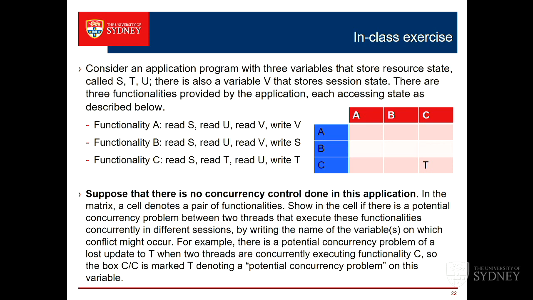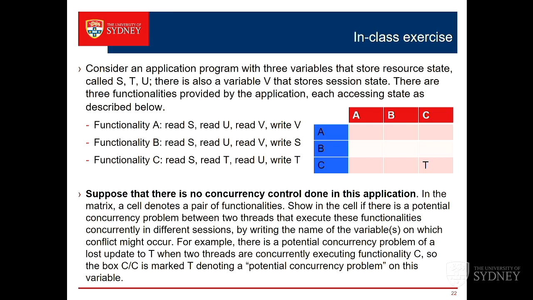So A always means functionality A, piece of code A. If I run two copies of A together, can they interfere with each other? Who says yes? Who says no? Okay.